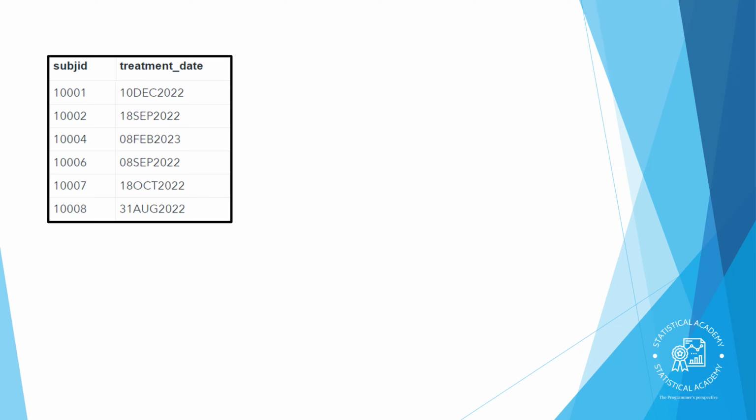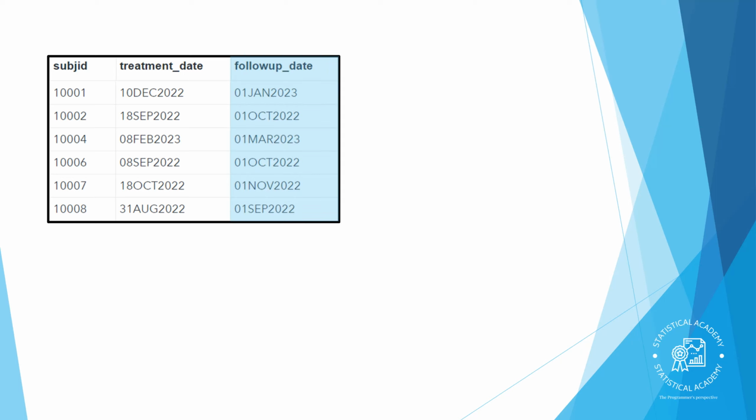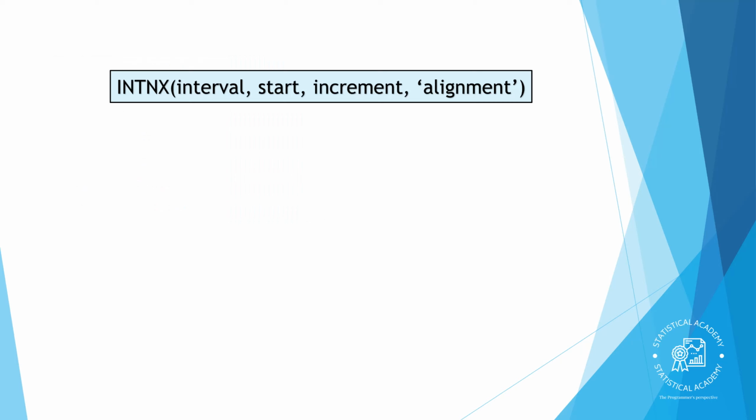Let's look at another problem you can solve with functions. Suppose you have a data set that includes treatment dates and you wanted to create a variable for the follow-up date, one that shifts the dates to the first day of the following month. You can use the intnx function for adjusting and shifting the date values.